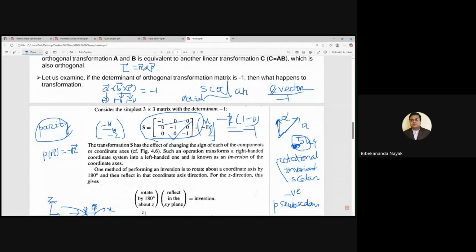R is a vector, it has negative parity. P is a vector, it has negative parity. So negative into negative is positive. So L has positive parity. Okay, so parity, or spatial inversion, is important in this way. You have to remember that the position vector R is a pure vector with negative parity, and all other derivatives of R also have negative parity.